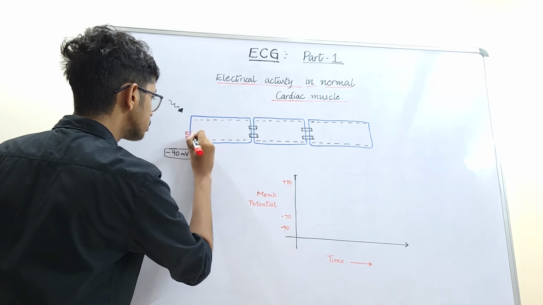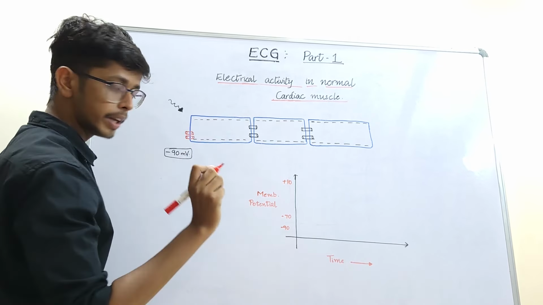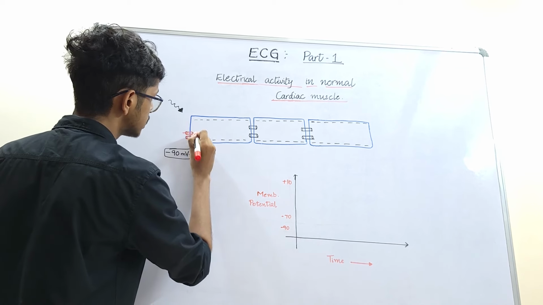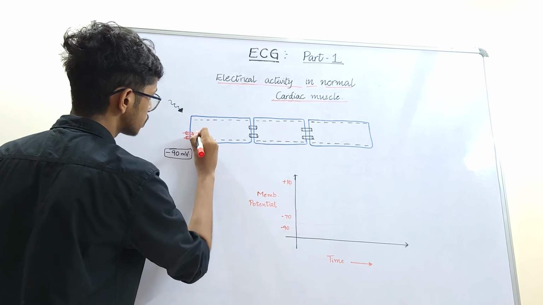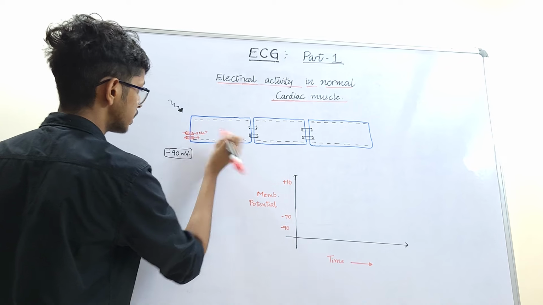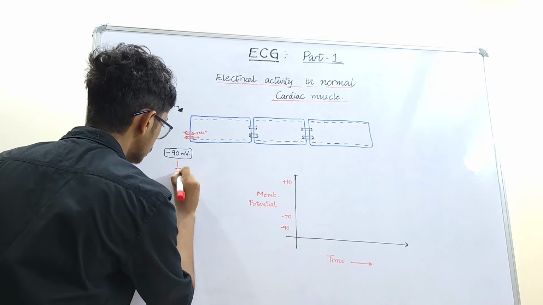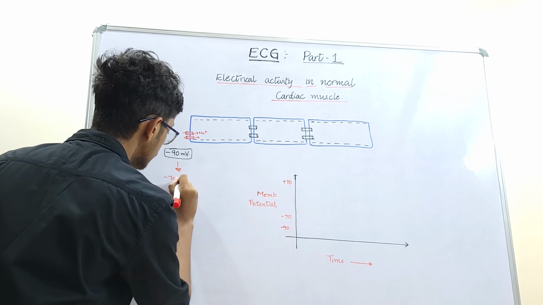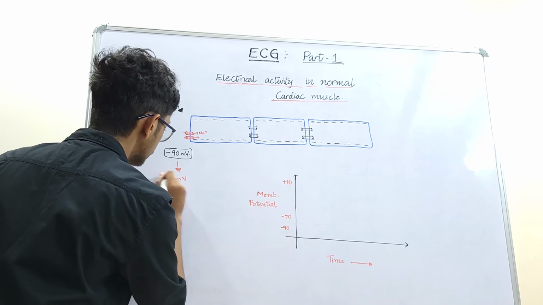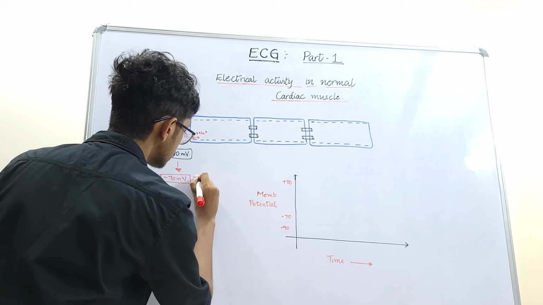Due to the stimulation, very minute amount of sodium channels will open, which leads to influx of sodium. This influx of sodium changes the resting membrane potential to minus 70 millivolts, and this minus 70 millivolts is also called as threshold potential.